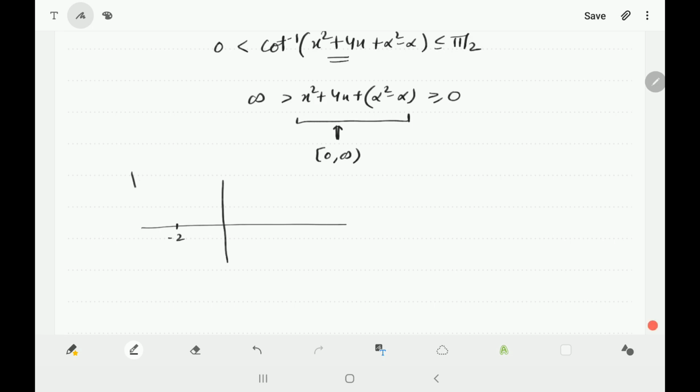So this parabola can be like this, or like this, or like this. Which parabola do you think is suited for this particular function to have a range from 0 to infinity? Obviously this cannot be the answer because here the function has range above 0.